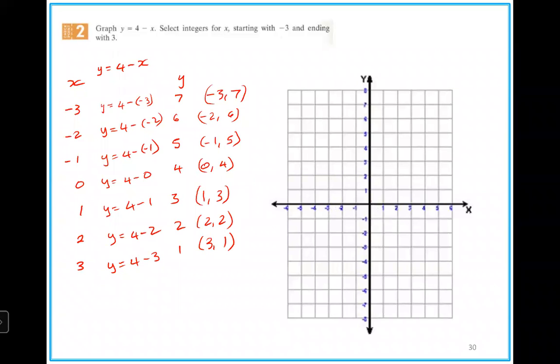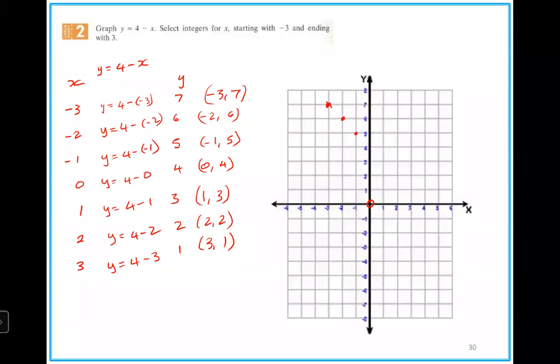And then right here should be 0. So for -3, 7, you go to -3 and up to 7, so that would be right here. Then -2, 6, you go to -2 and up to 6, so this would be here. Then -1, 5 would be there.